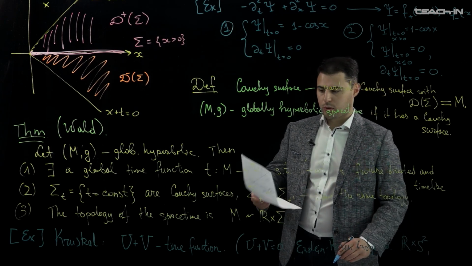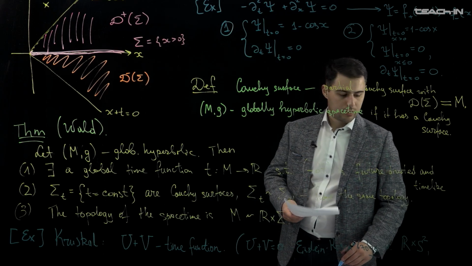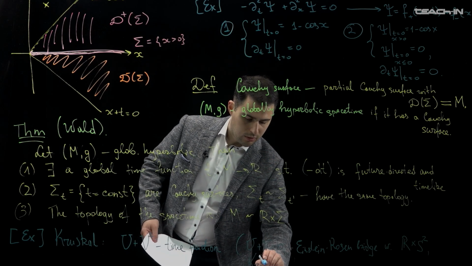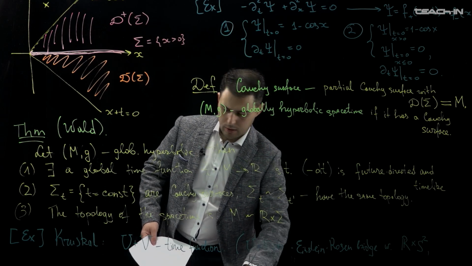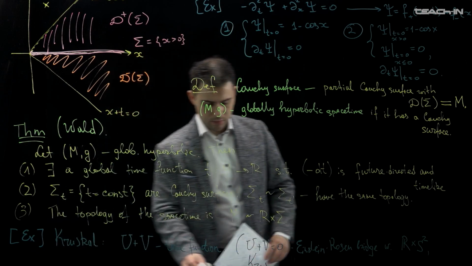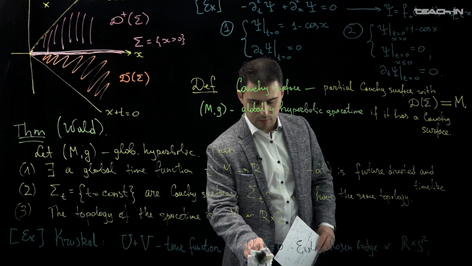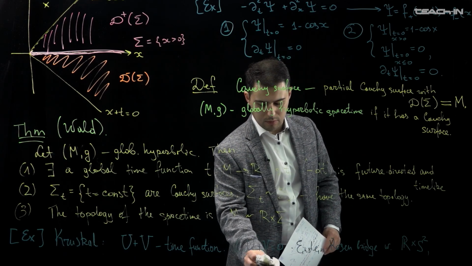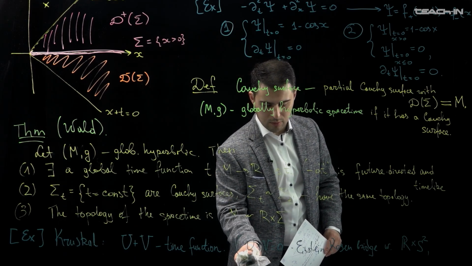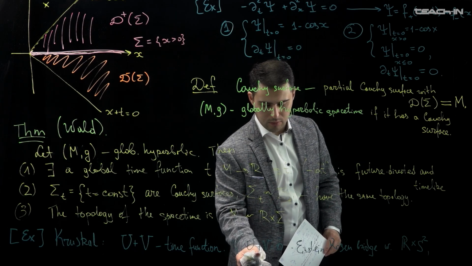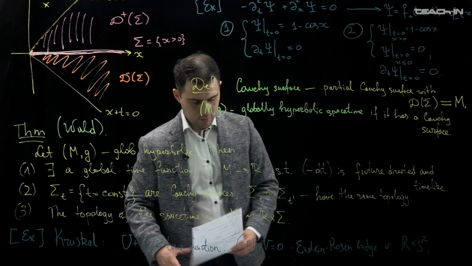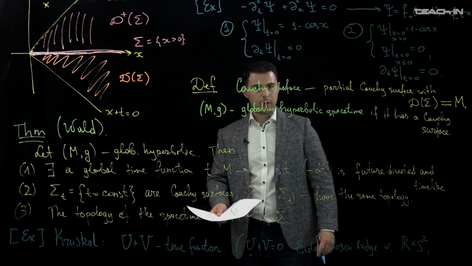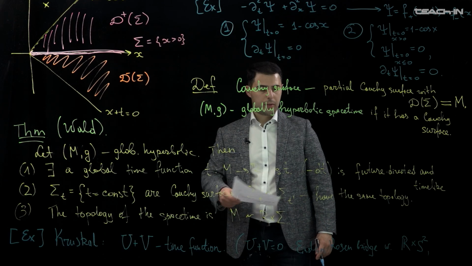The full topology of the Kruskal spacetime is R2 times S2.